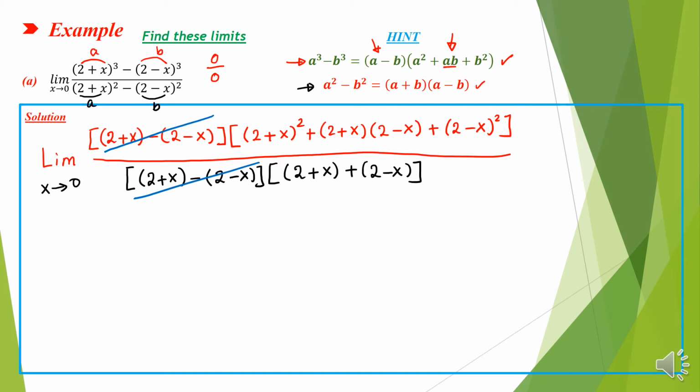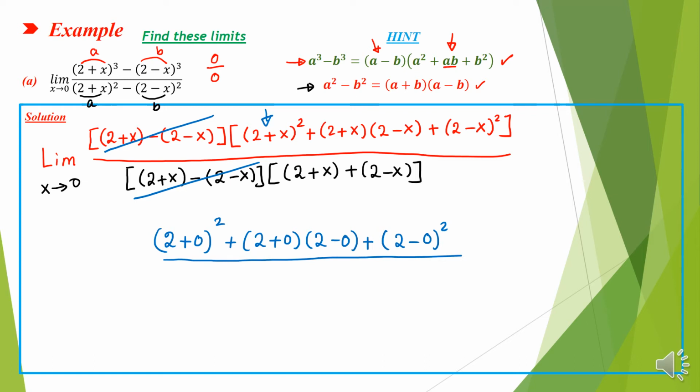Then you have to substitute or plug in the value of 0 in the remaining functions, and you will have in numerator (2 plus 0)^2 plus (2 plus 0) times (2 minus 0) plus (2 minus 0)^2 divided by (2 plus 0) plus (2 minus 0).